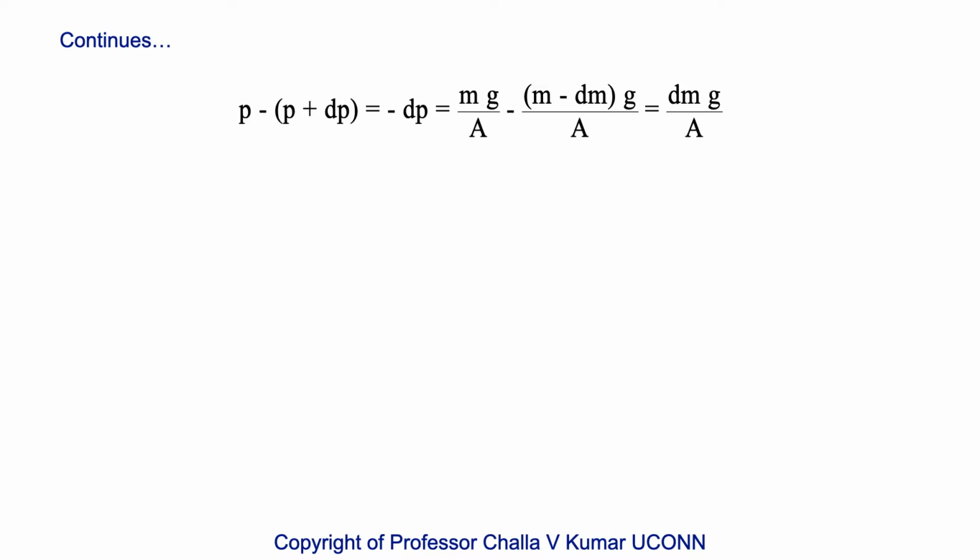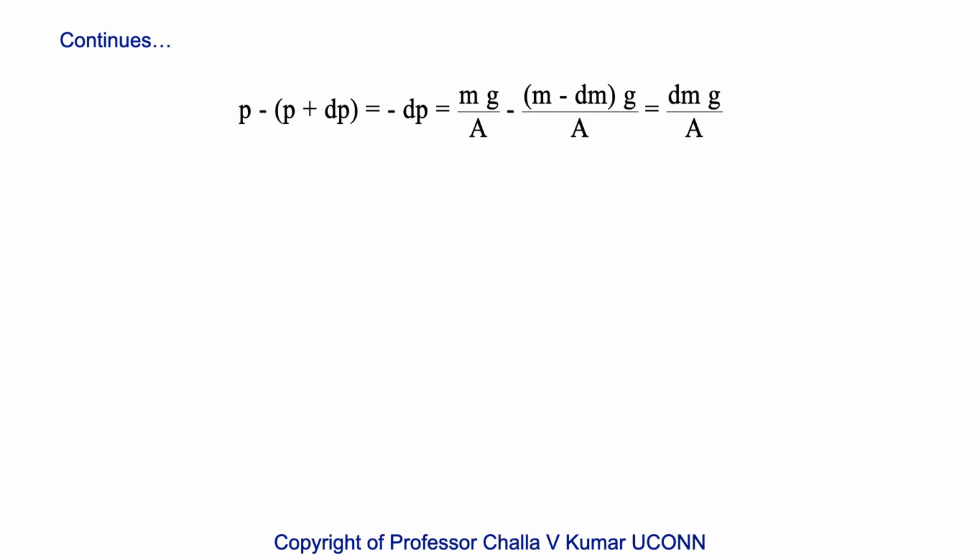In the next slide, we continue to build our argument. Now we subtract the two terms, P minus (P plus dP), to get minus dP.